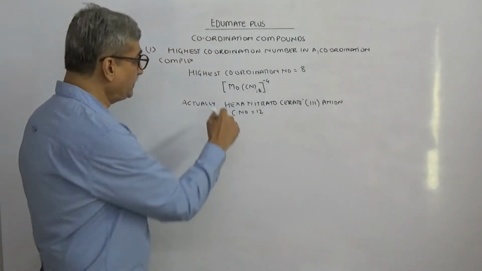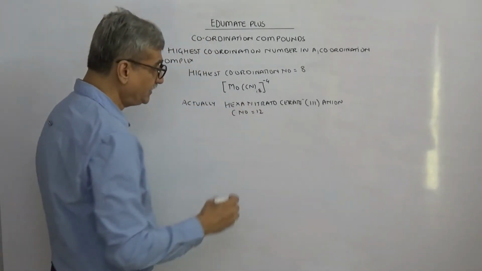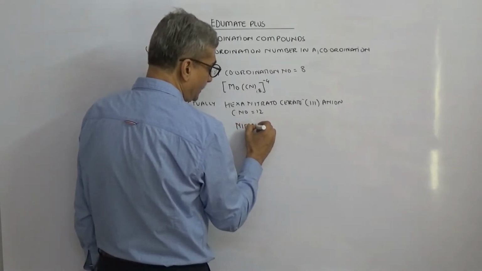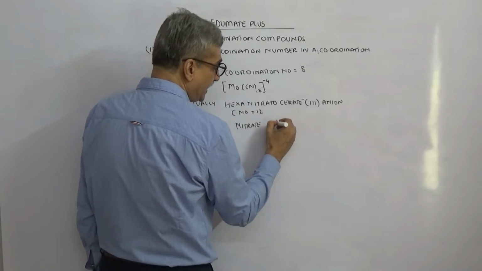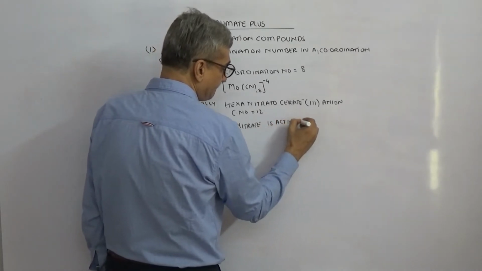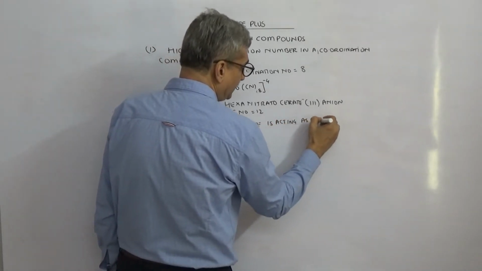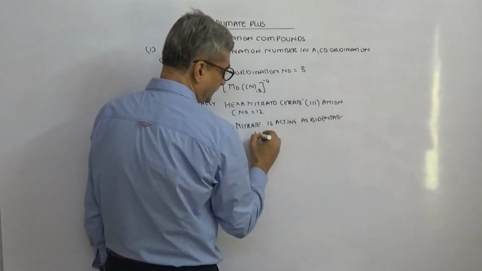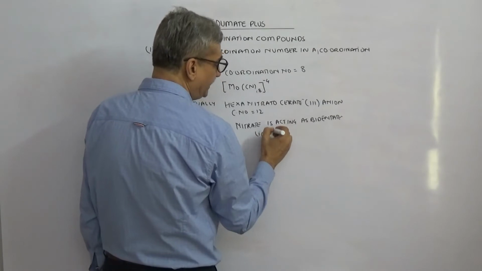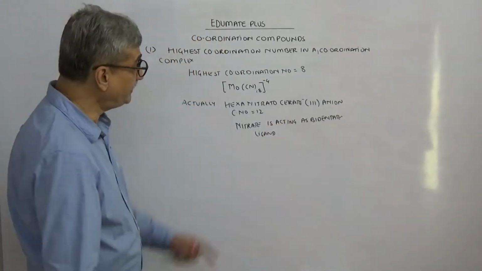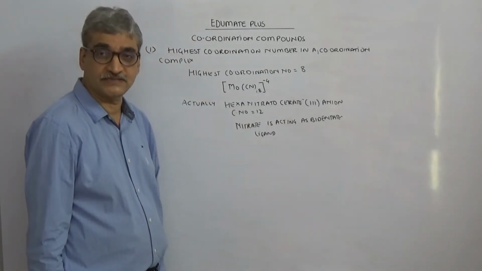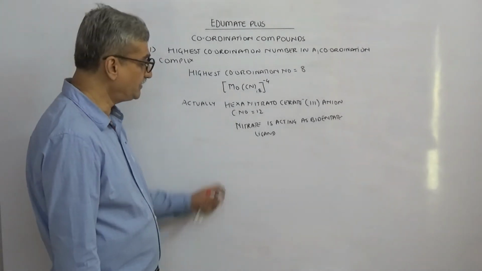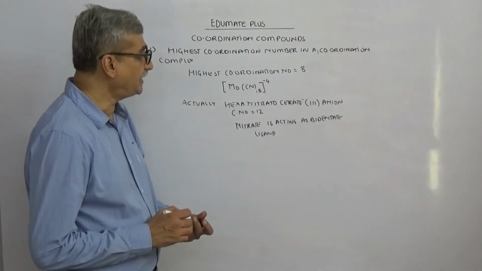So you will say, sir, there are only 6 ligands here. Nitrate is acting as a bidentate ligand. It is acting as a bidentate ligand, and that is why we have coordination number 12. 6 ligands, but the coordination number is 12 because nitrate is acting as a bidentate ligand.